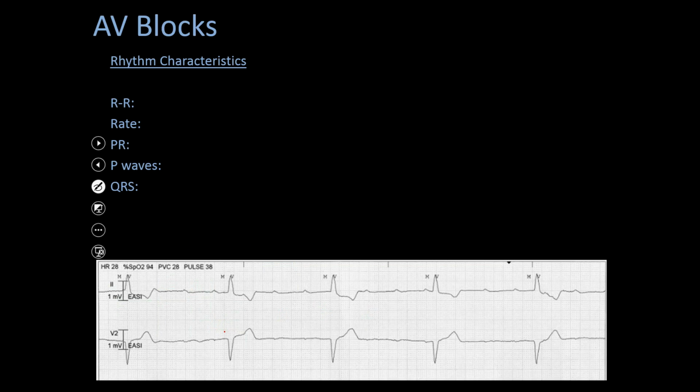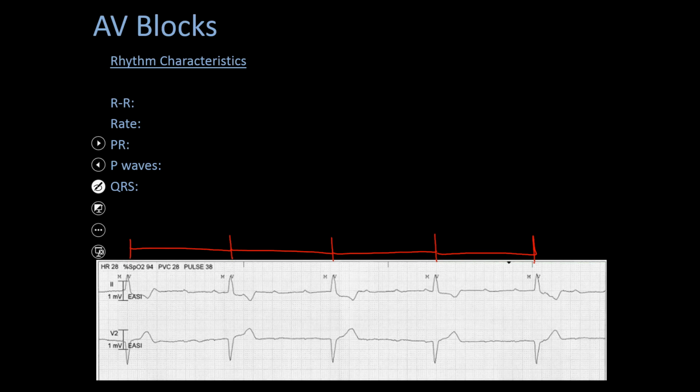And here's our last strip. Let's take a look at this. R to R's appear to be regular. So if our RRs are regular, what can we immediately eliminate? Second degree AV block type 1. So then is it either second degree type 2 or is it third degree AV block?